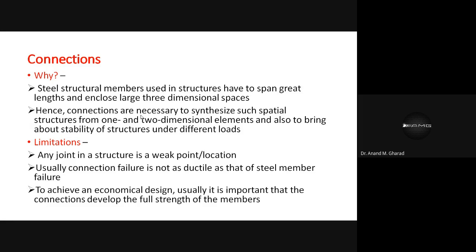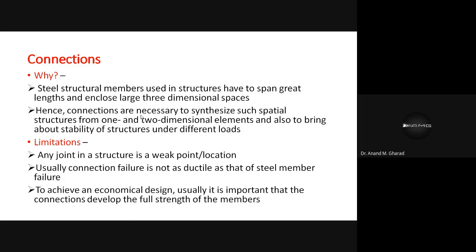What are those? Any joint in a structure is a weak point or location, and this is a very important point. Remember, if a given structure is subjected to a certain amount of load or force, the first point at which the force will be attracted will be nothing but the weak point, and that weak point is nothing but the connection.